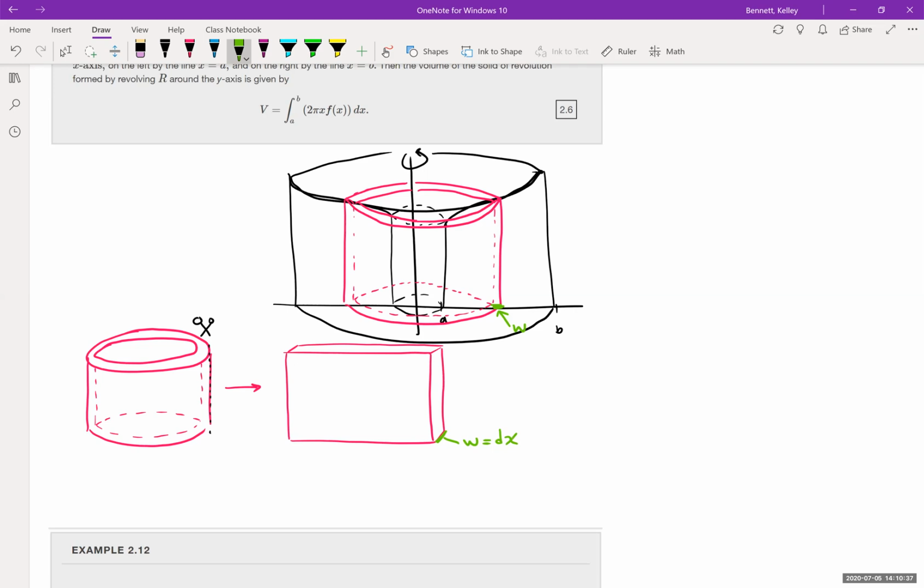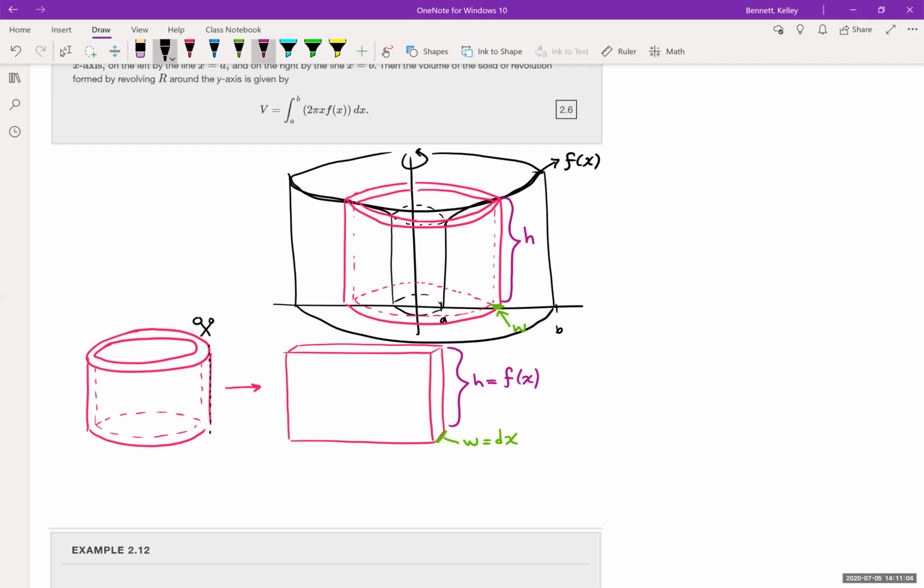Then it also has a height. The height comes from here, where that height is given by the function, so your height equals f of x. We label that f of x.